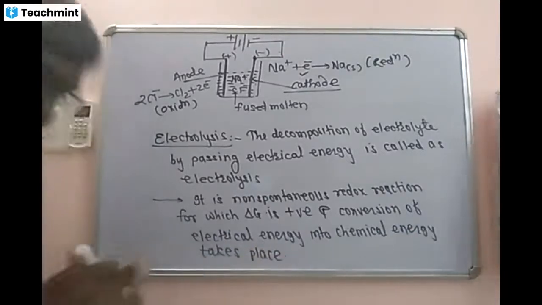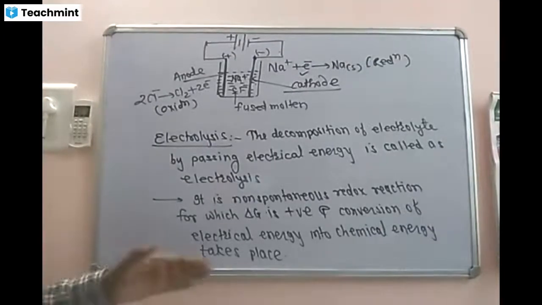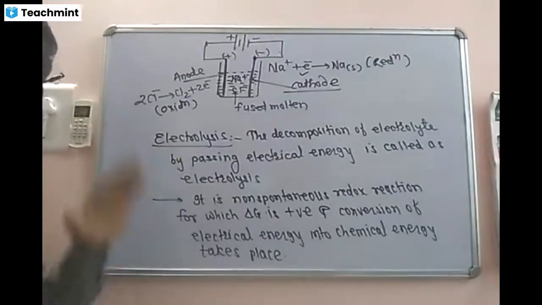So what happens? That electrical energy is converted into chemical energy. So this is a non-spontaneous redox reaction, and that takes place by passing electrical energy, and that is converted into chemical energy. So this is what electrolysis is.